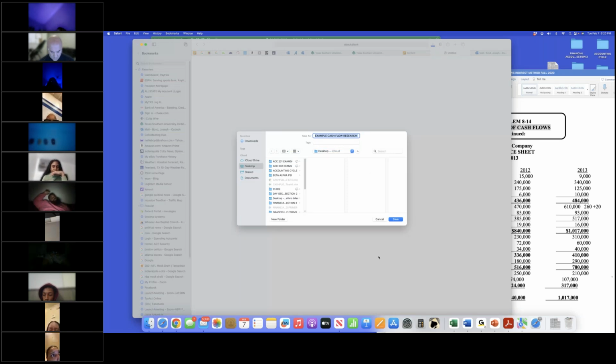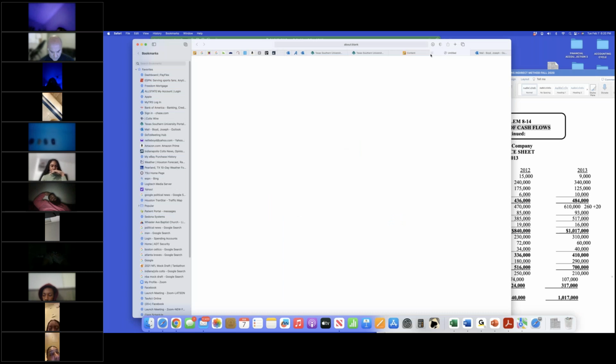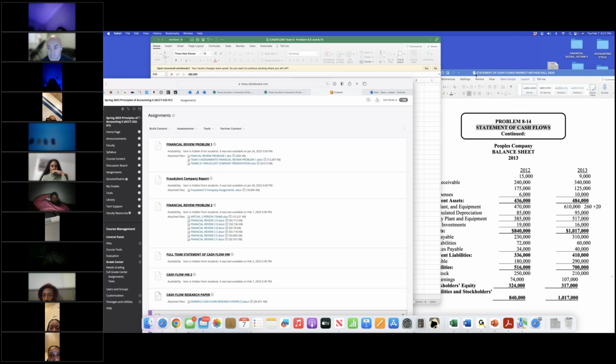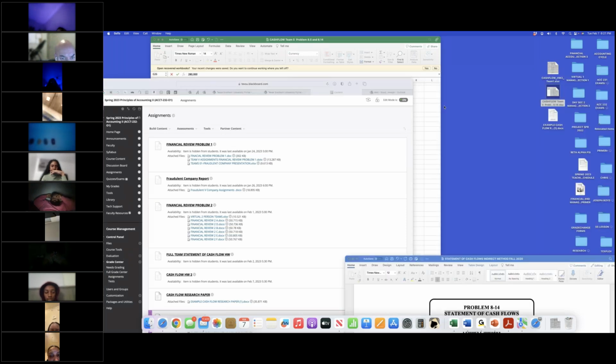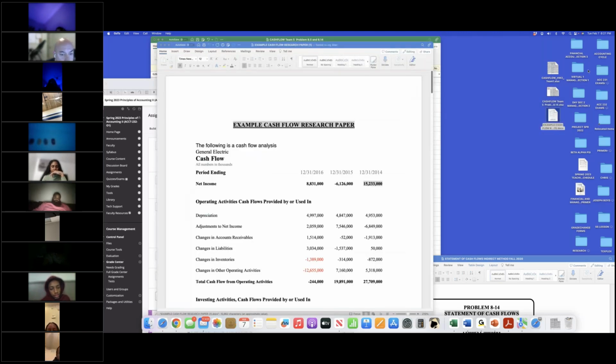This student wanted an A. So this is their cash flow research paper. They show the income, operating activities. They just pull these things out.